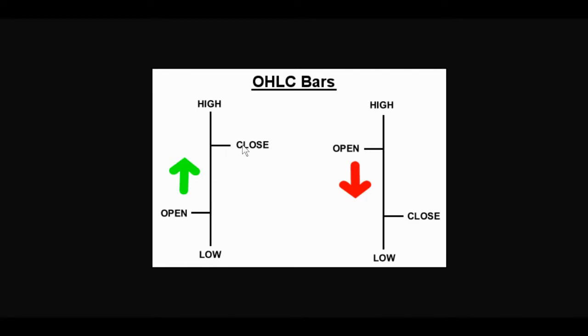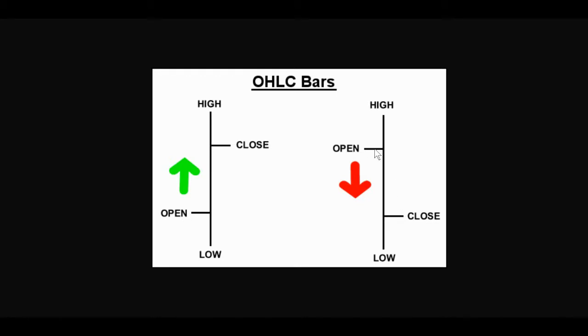Open, close. Now, what if it's a down period, a down minute or hour or day or whatever? Then the open arm is still on the left in both cases, and the close arm is still on the right. It's just that the shape's going to be a little bit different because the open is going to be higher than the close. So it's going to go like this, this, and this. See what I did there?